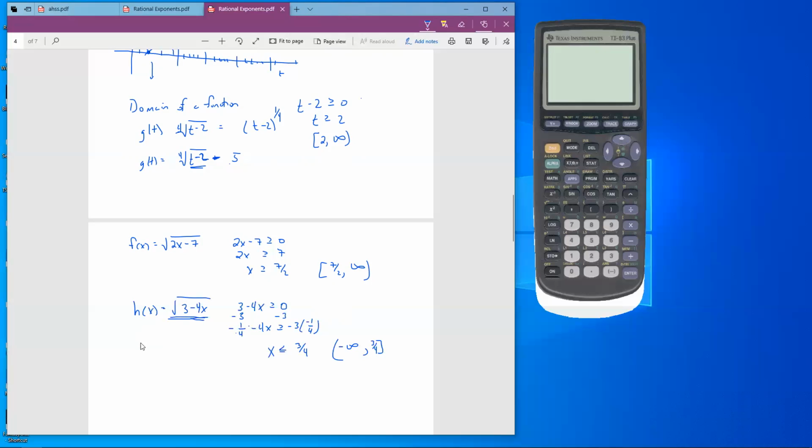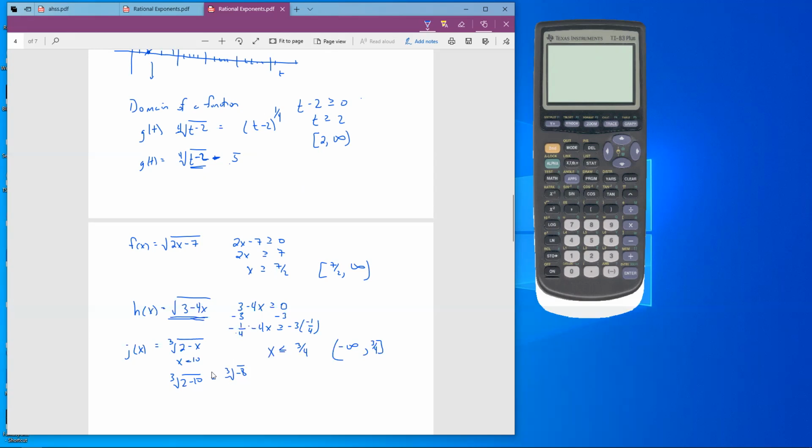So what about if I do a j of x, and we'll make this equal to the cube root of 2 minus x? Well, remember cube roots. If I say x equals 10, then I have the cube root of 2 minus 10, which is the cube root of -8.